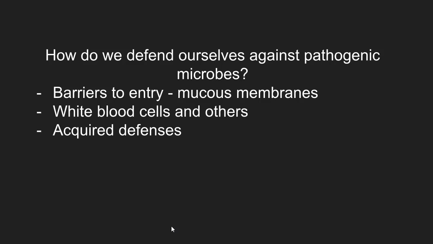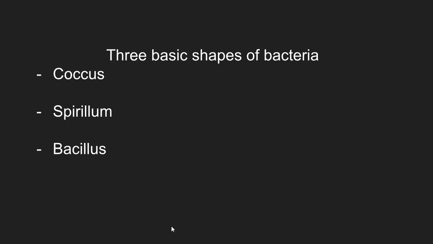We have white blood cells that help us defend and other elements of our immune system, and we have elements that we call acquired defenses that we can use to help us fight against these things. So, not to suggest that all pathogenic microbes are bacteria. We also have protists that are microscopic, and viruses that are microscopic pathogens, and I'm sure others.